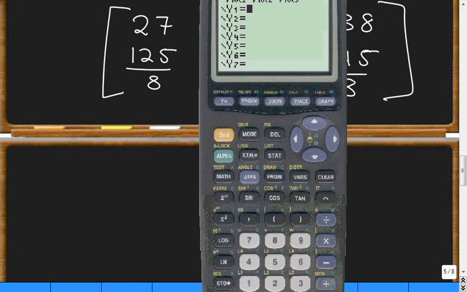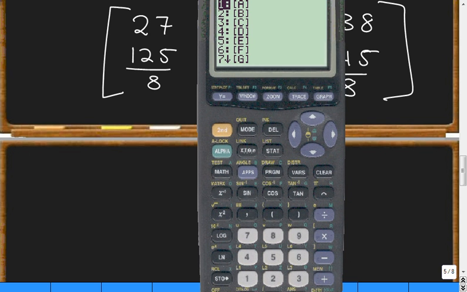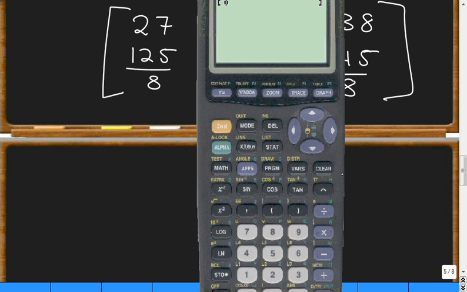So we're going to go to matrix, which is second, this button right here, and we're going to edit matrix A. It's rows by columns, so we've got 2 rows by 3 columns, and we just need to type our numbers in.